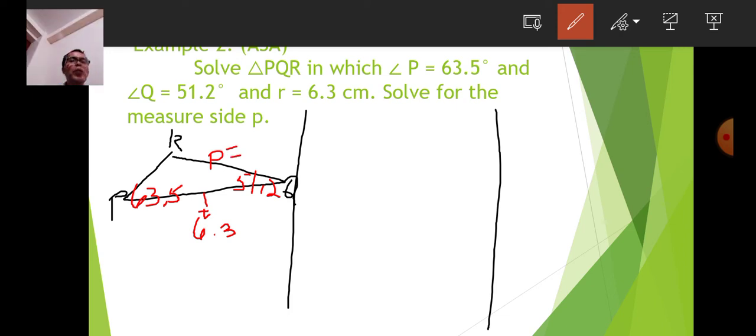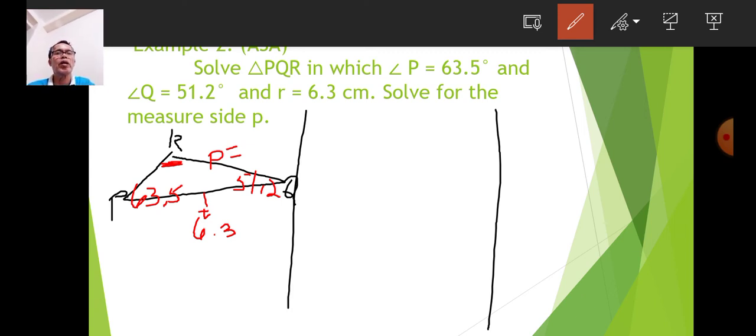Now, to solve for side P, you are going to solve first for angle R because the side opposite angle R is given. So therefore, to determine the value of angle R, we are going to apply the angle sum theorem. The angle sum theorem states that the sum of all the angles in a triangle must always be equal to 180.